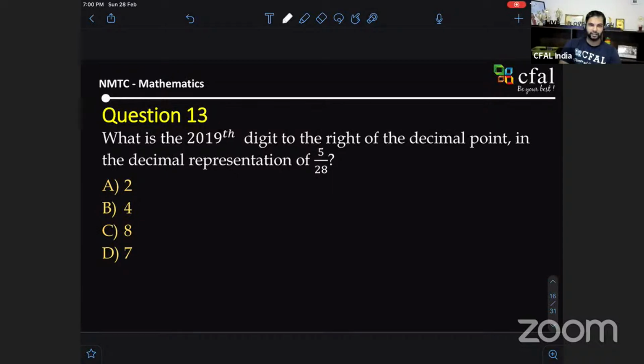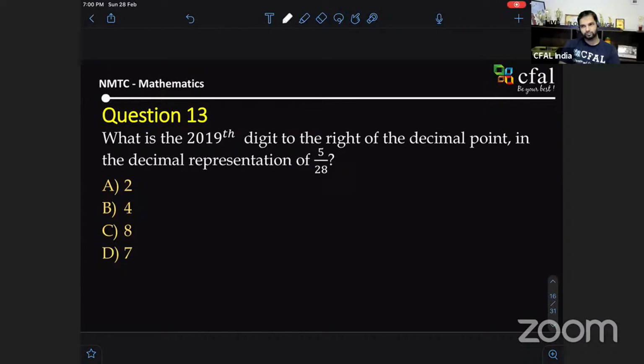We had seen that a recurring decimal we can convert into P by Q form. So it might be one of those. Sir, but P by Q itself is pi by 28. You just divide using your usual method and see if you are getting some pattern.